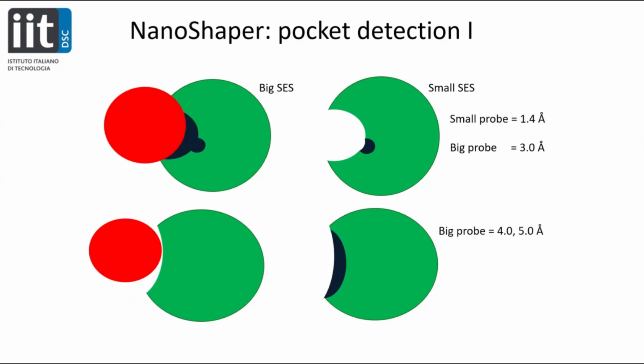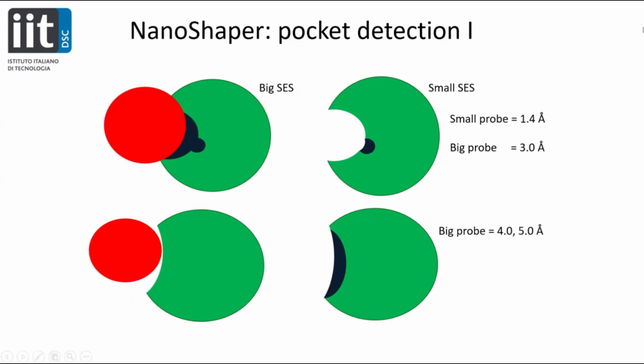And the definition of pocket in NanoShaper, the static pocket definition that we have, is that a pocket is something which is accessible by water. It is not accessible by a bigger probe. As I mentioned, when we do computation in NanoShaper, we simulate the rolling of a probe along the surface. And in order to detect pockets, what we do is to do this activity twice.